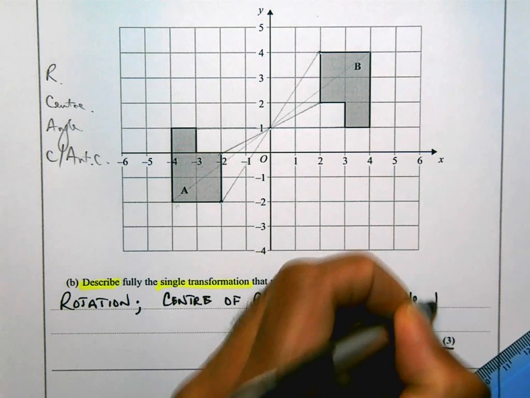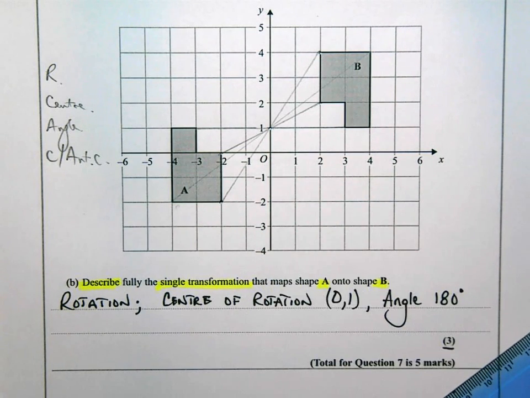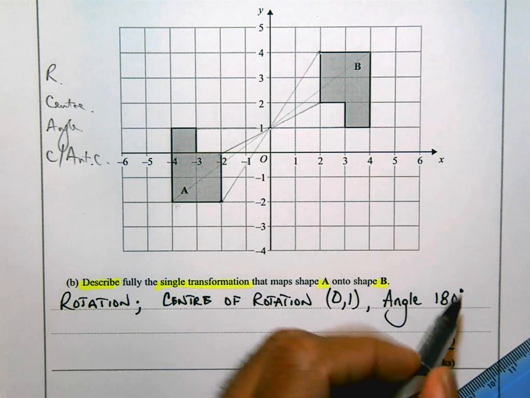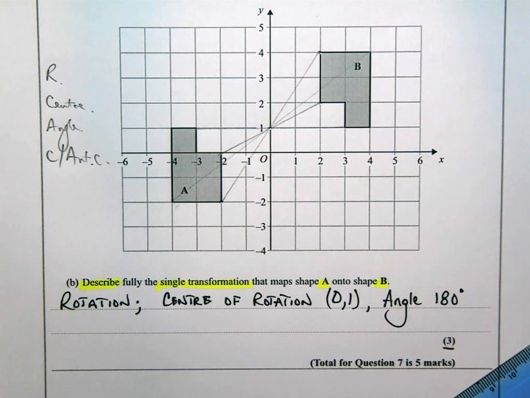Now, I do not need to say whether it's clockwise or anti-clockwise, because with 180 degrees, it doesn't matter whether it's clockwise or anti-clockwise. So that's why in this case there's 3 marks, and it's those 3 things that you need to say.